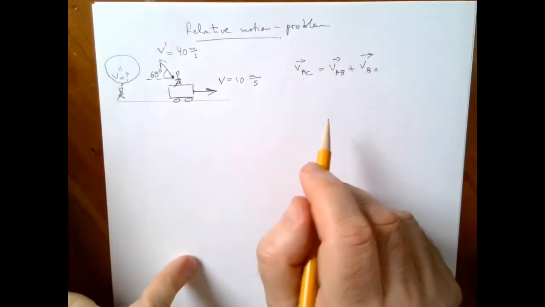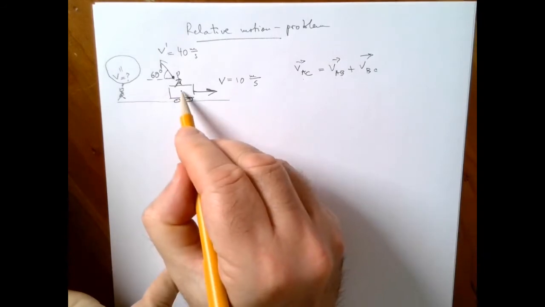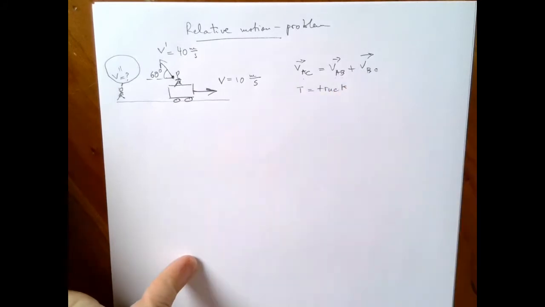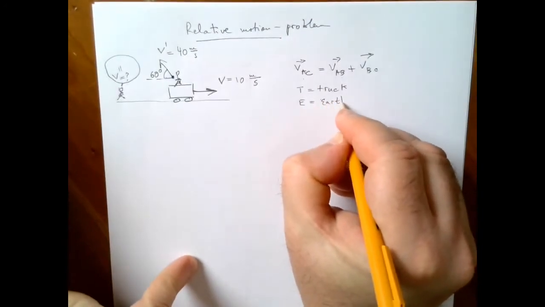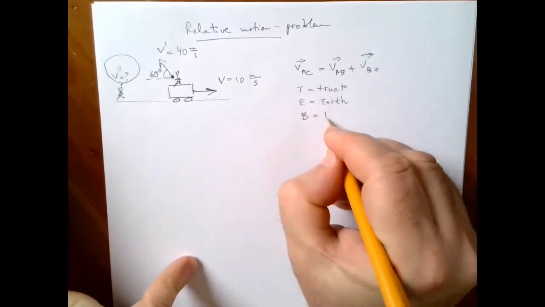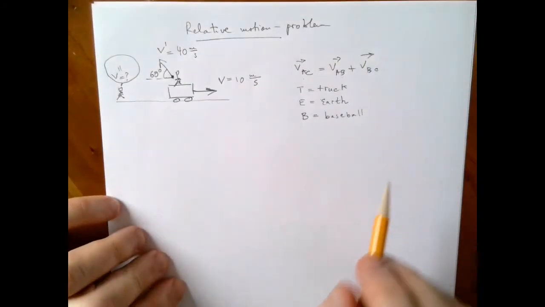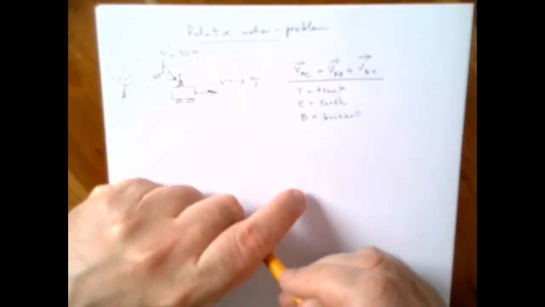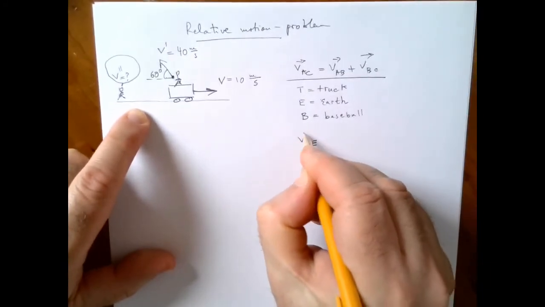In this problem, let's label the truck as T. Let's label the earth as E. And let's label the baseball as B. So this equation, in our case, can be rewritten as: what is the velocity of the ball with respect to the earth?